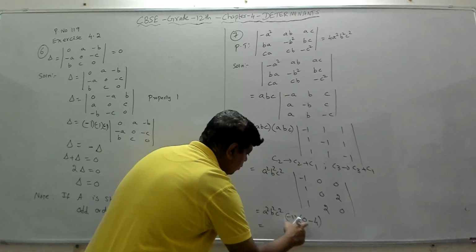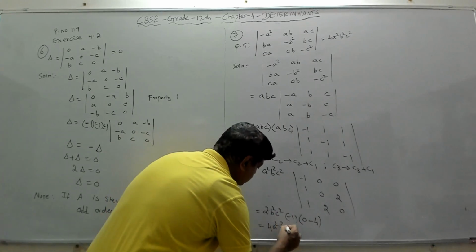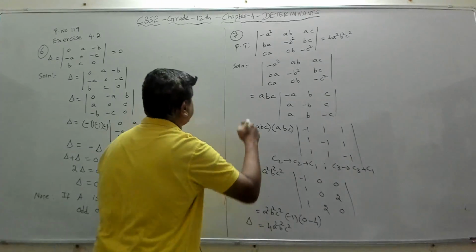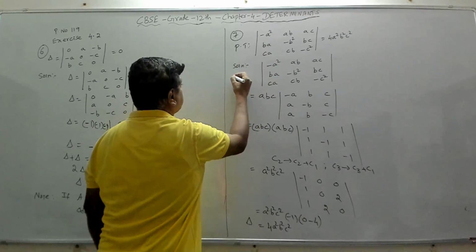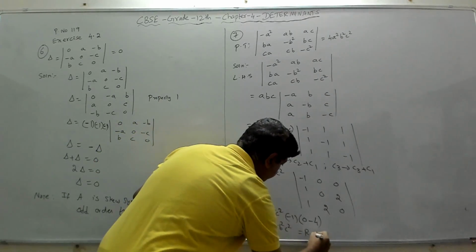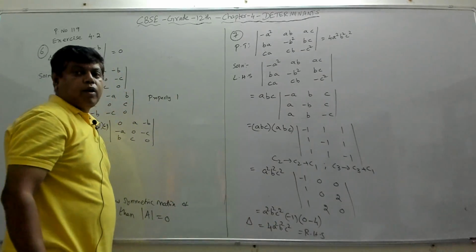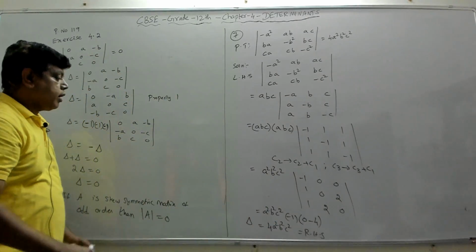So you will get minus 4 into minus 1, which is plus 4. So you will get 4a square, b square, c square. That is the value of delta. If you think of this as LHS, we have got RHS. So we have proved that the value of this determinant is 4 times a square, b square, c square.